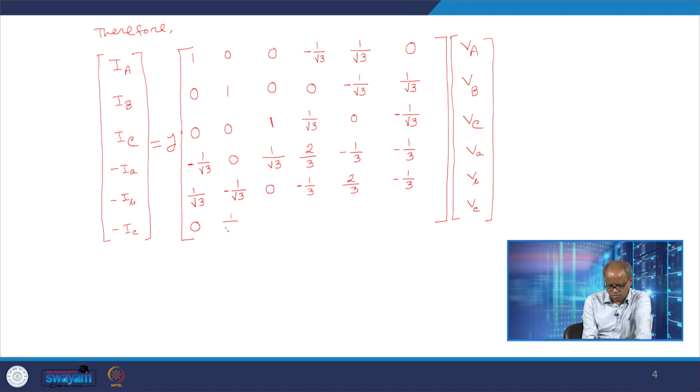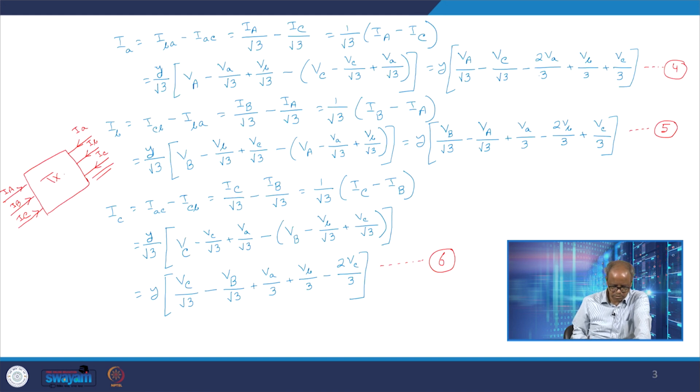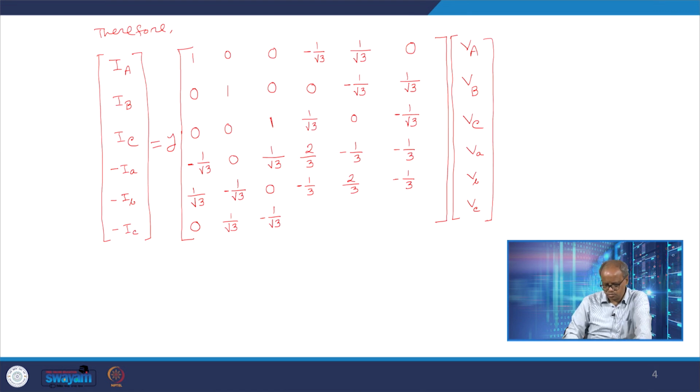So 1 by root 3 minus VC is minus 1 by root 3, and then minus 1 by 3 minus 1 by 3 plus 2 by 3. So it is minus 1 by 3, minus 1 by 3, plus 2 by 3. So this is the matrix.